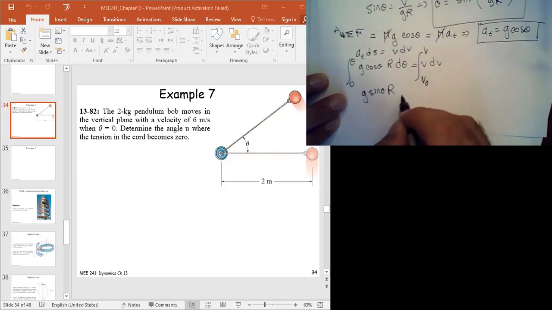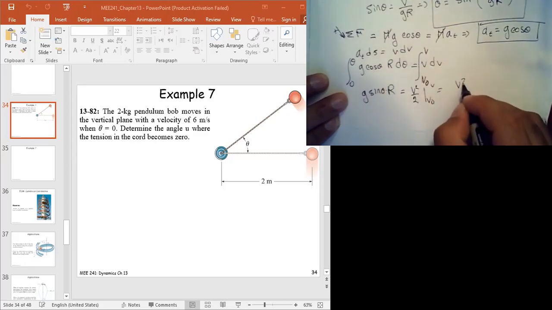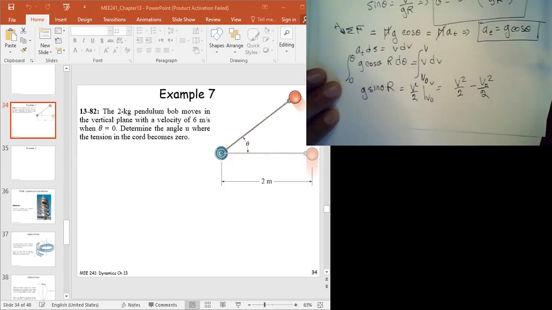And this side is v squared over 2 from V0 to V, which is v squared over 2 minus V0 squared over 2. Yes, doctor. Now we need v squared. I multiply the whole thing by 2, so v squared is going to be 2 g r sine theta plus V0 squared.